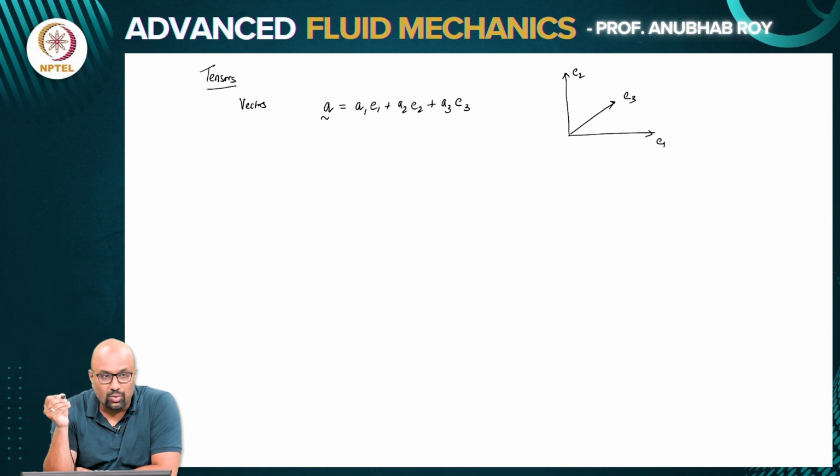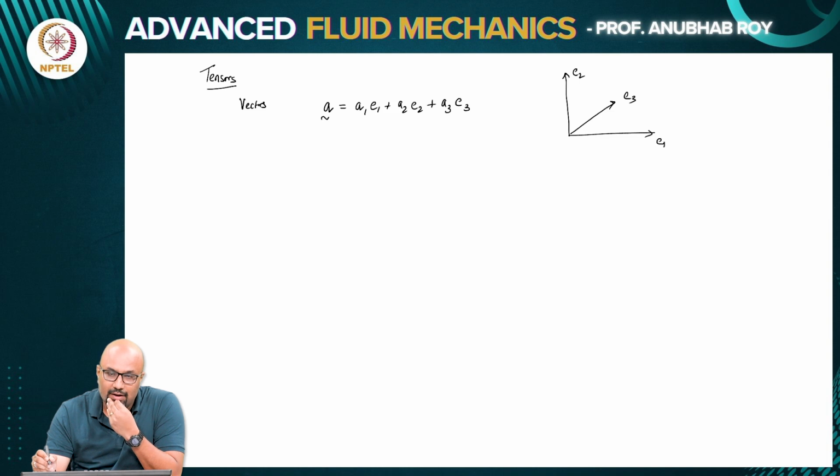So E1, E2, E3 are basically the coordinate axes that I have. You could think of them as X, Y, Z. And the representation of the vector in terms of these components would be A1, A2, A3.